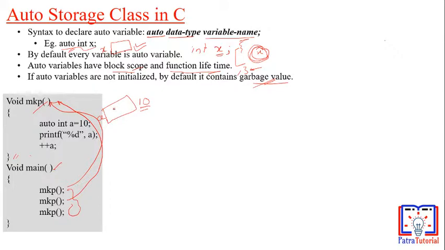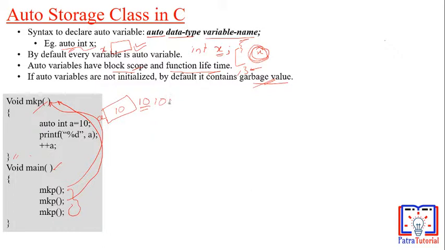So when the function is called again, it will re-declare the variable a, initialize it to 10 again, and print 10. It will not print 11. And the third time also it will print the same value 10 only.